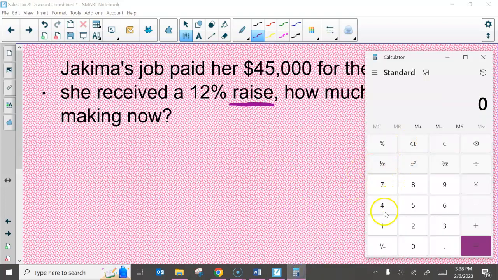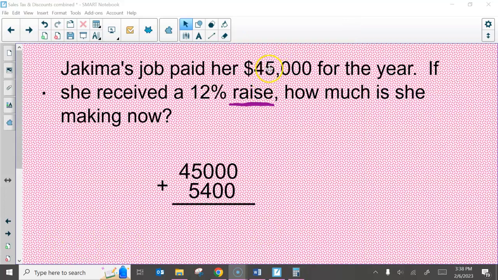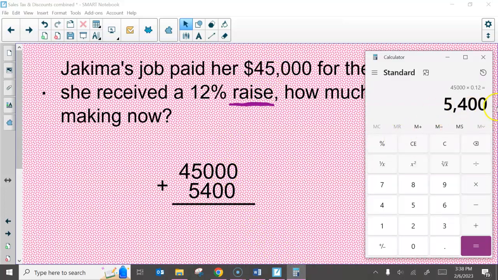So we're going to take 45,000 times our 12%. And we get $5,400. So we're going to take $45,000 and add it to the 5,400 we just calculated, because she is making this much more money.